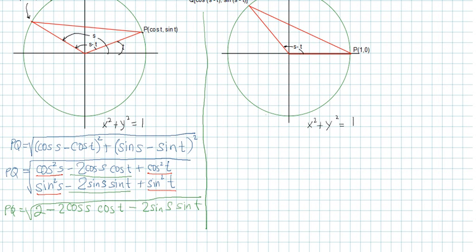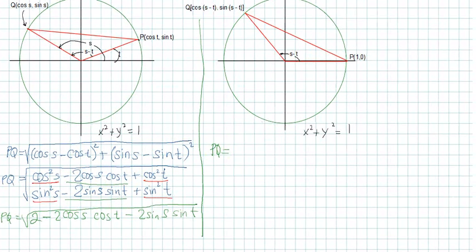Now let's start on the second circle. Same thing, we're going to apply the distance formula. So PQ equals, now let's scroll down a little. So we're going to do the square root of x1 minus x2, squared. So cosine of s minus t squared plus, oh no, back up.